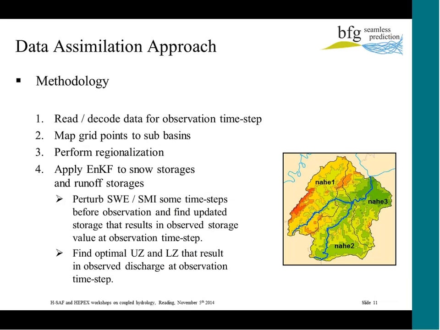So back again to the assimilation approach. We perform the data assimilation for the whole river catchment and sequentially for all sub-basins of this river, starting with the most upstream basin and then passing the updated results of this basin to the downstream basins and performing the updating there.